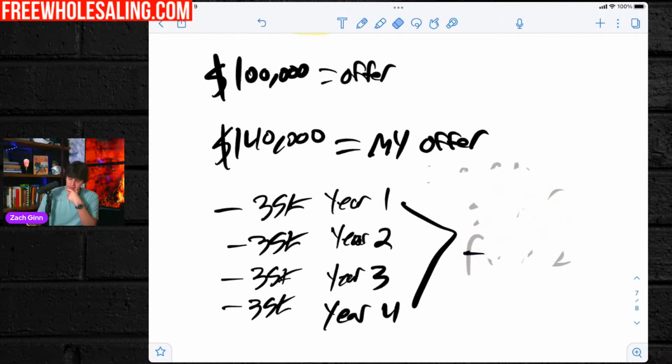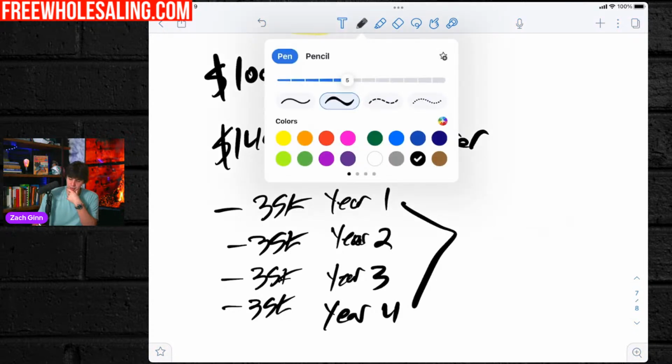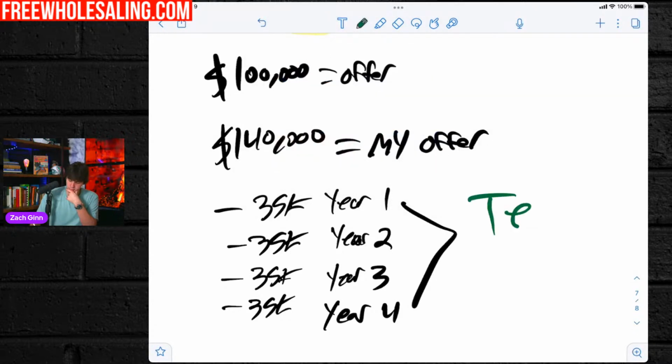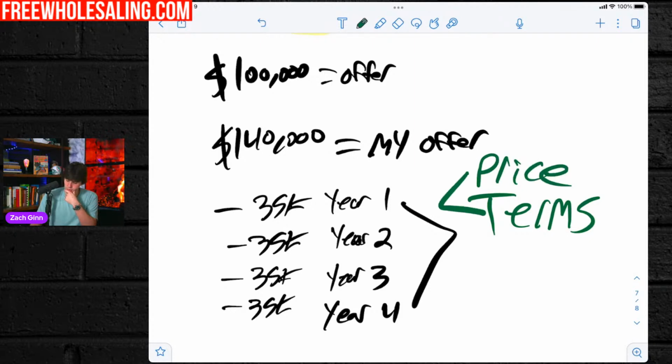That's just basically because I have a magical thing here called terms. And in real estate, it's pretty simple, but there is price, and then there are terms. You can agree to buy it for a certain price, but you get terms. So in wholesaling, let's explain this.